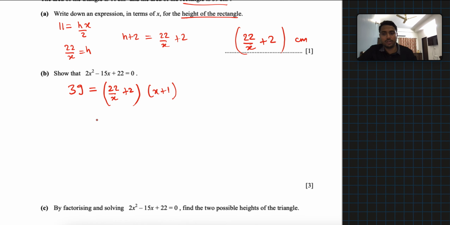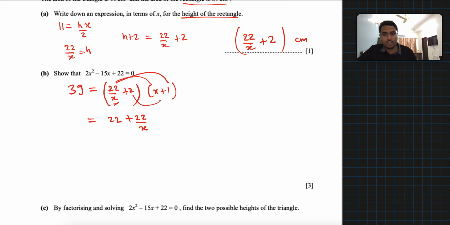Area of rectangle equals L into B. So now let's cross multiply the RHS. 22 over x into x is going to be 22, and 22 over x multiplied by 1 is 22 over x as it is.